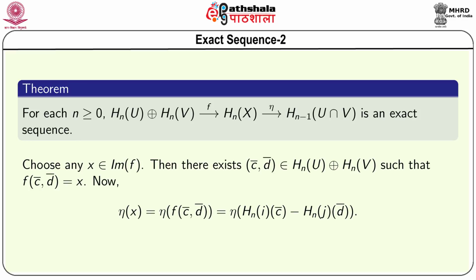Let us choose any point x from the image of F. We wish to show that it is in the kernel of eta. Since x is in the image of F, there exist c-bar and d-bar in H_n(U) ⊕ H_n(V) such that F(c-bar, d-bar) is equal to x. Now, eta(x) is equal to eta(F(c-bar, d-bar)), and that is equal to eta(H_n i(c-bar) - H_n j(d-bar)).